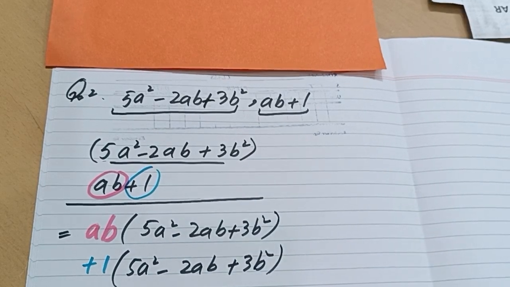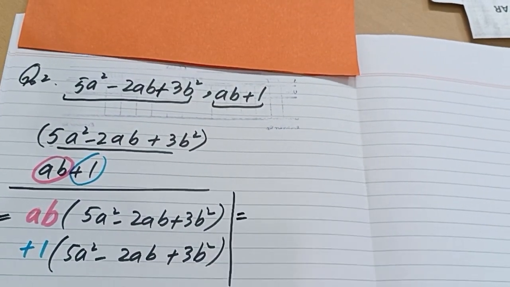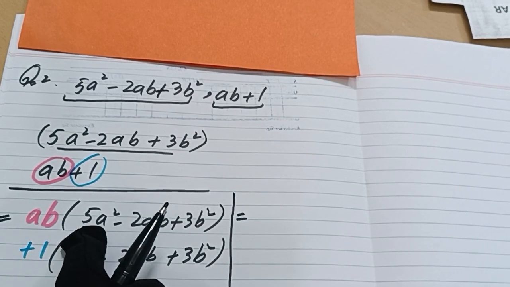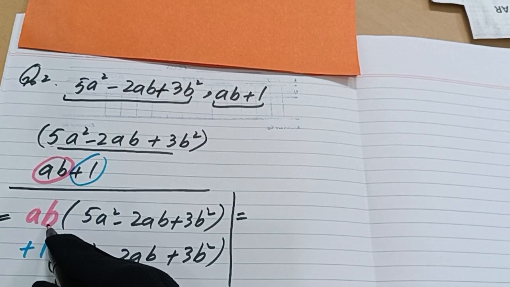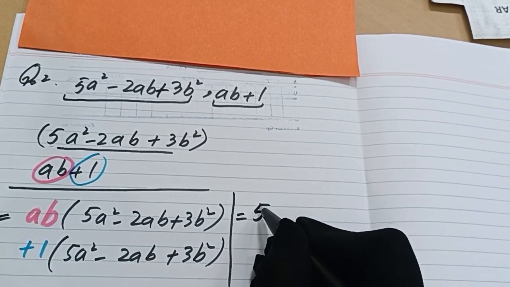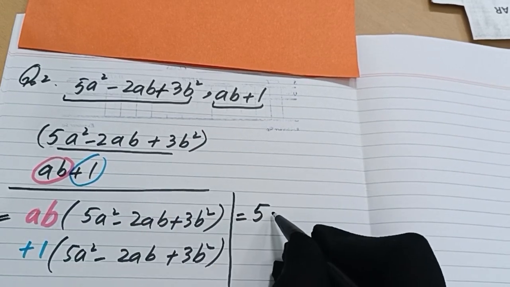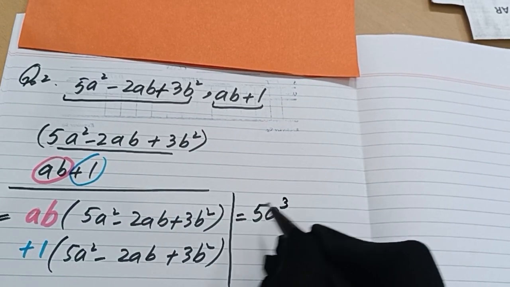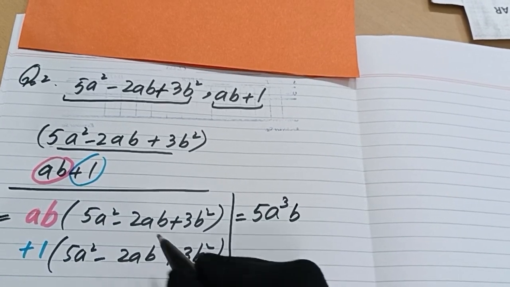So instead of writing it down, I will write their answer in front of it, make it line over here and equal sign. ab multiplied to 5a square. a is common to a square, so b will stay as it is, 5 will stay as it is. 5 ones are 5, no other term with 5. b will also stay as it is. a square and a, we write in alphabetical order, a cube, because a power 2, a power 1, a cube. b will stay as it is.